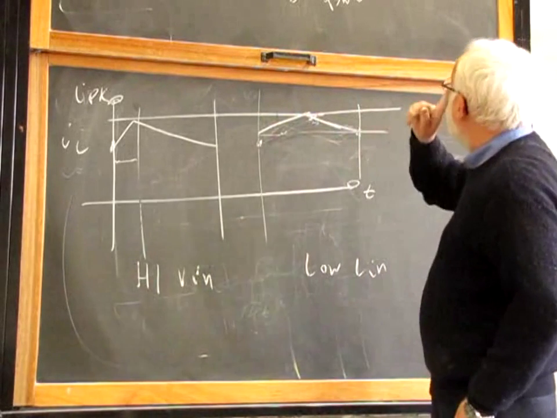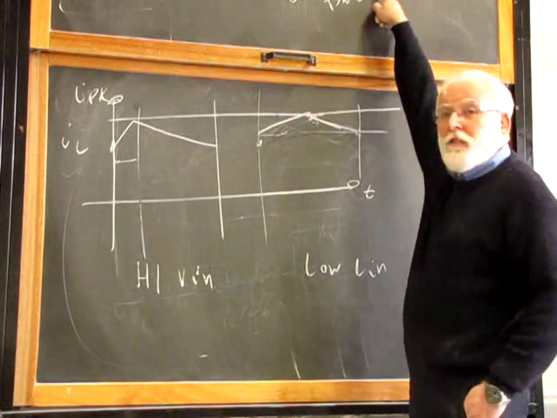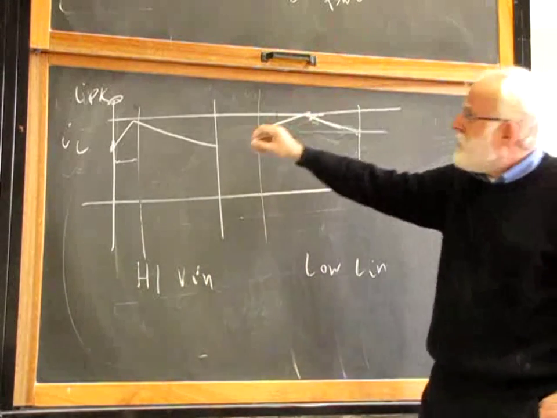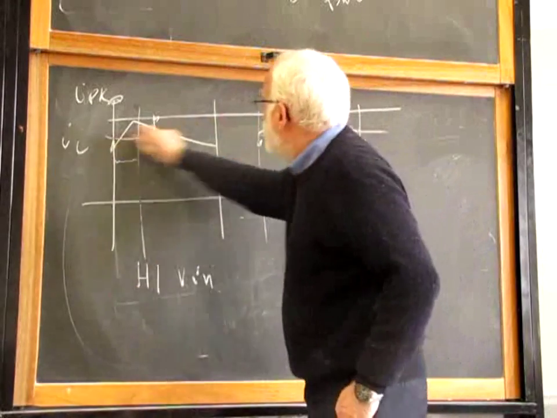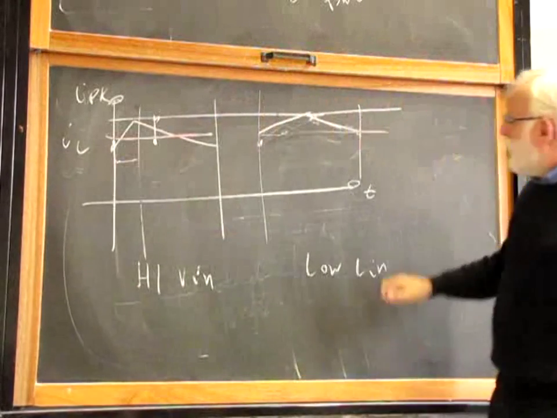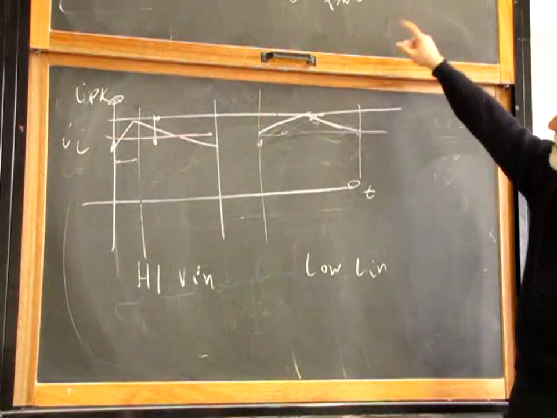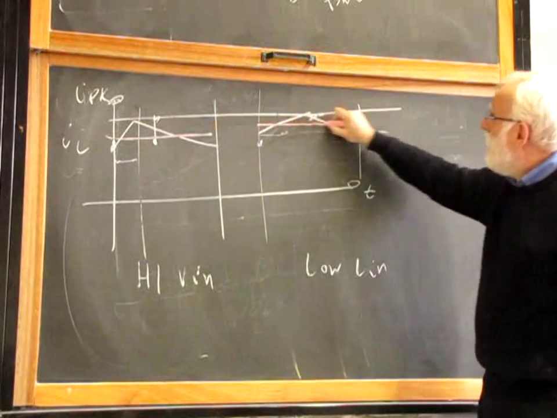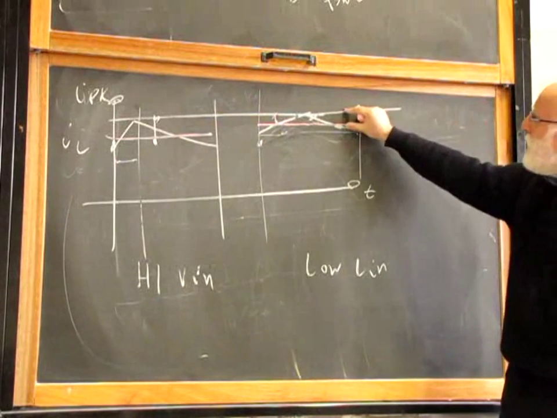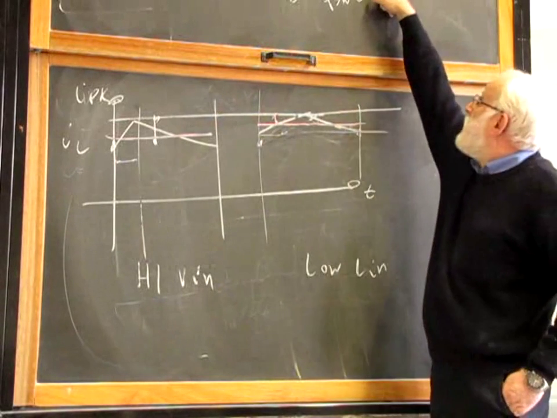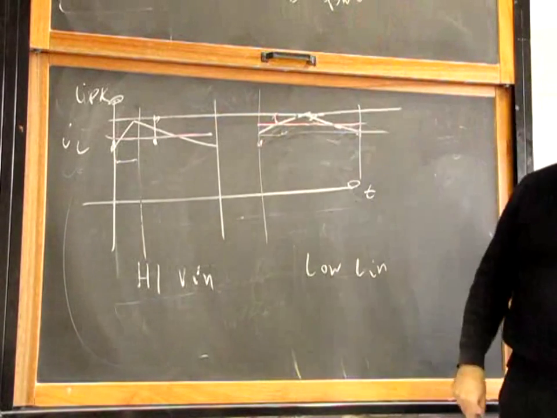You see that the correction you have to apply, if the duty cycle is small, you have to apply a large correction. Because you see your average value goes down to this level. If your duty cycle is small, you don't know how much it will be, but if it is small, your error is large. If duty cycle is large, your error will be small. If the duty cycle is large, this correction term is small.